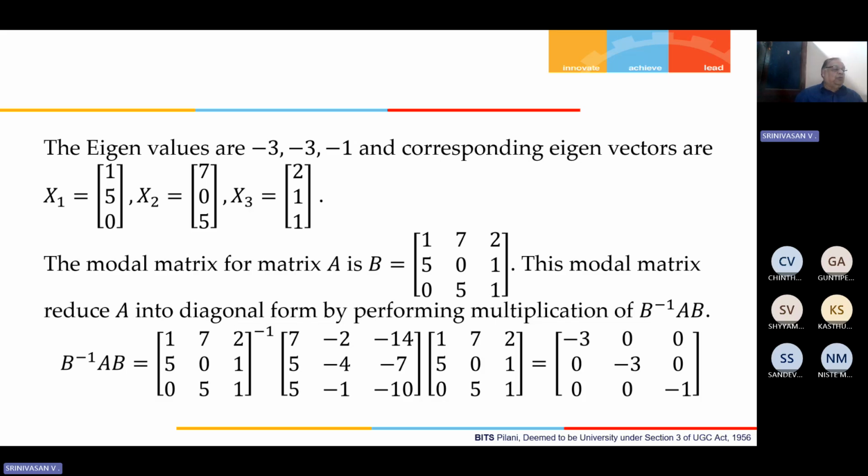So I'm getting only x1 plus 2x2 minus 3x3 equal to 0. There are three unknowns, but there is only one equation. That is the only equation you have; the other two are the same. So in that case, what will happen? For lambda equal to -3, you just start giving some substitution.